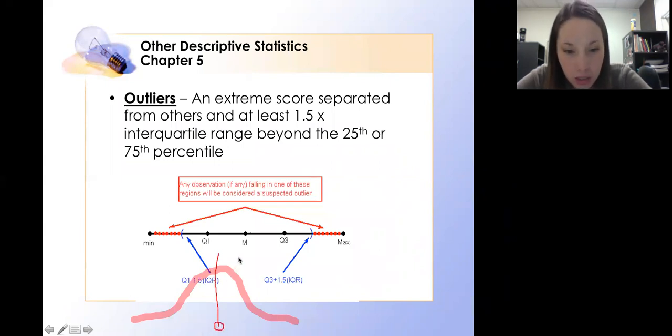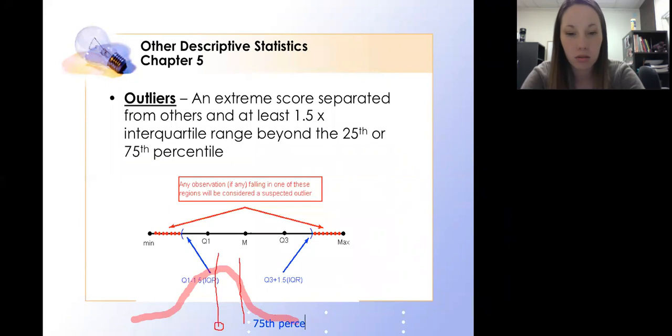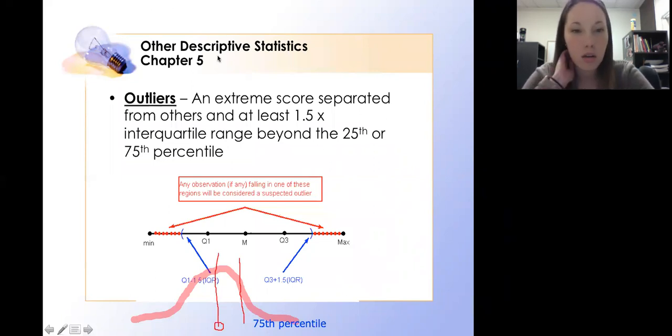Over here we've got this line, so this line here is going to denote our 75th percentile. And then over here, this line is going to denote our 25th percentile.